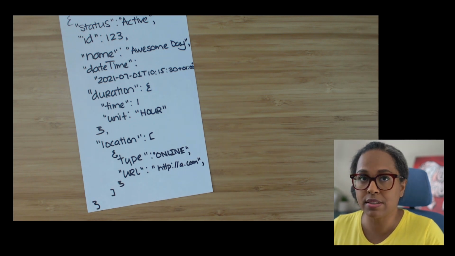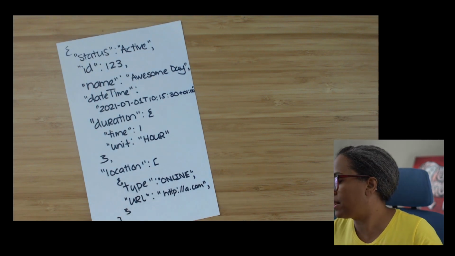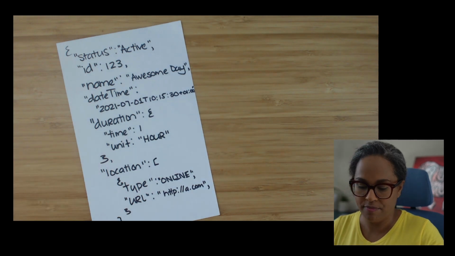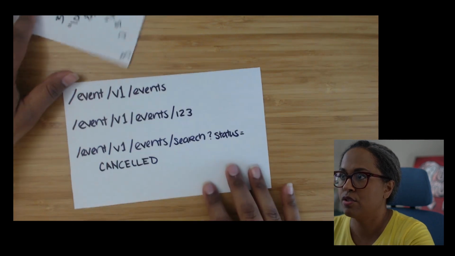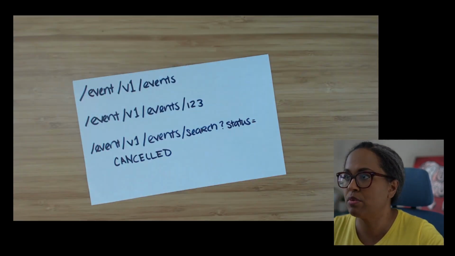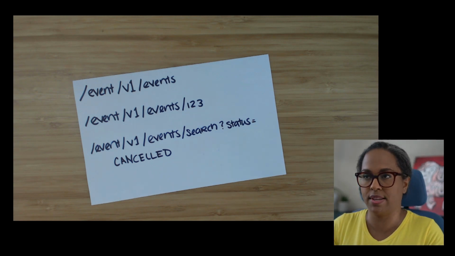So the next question I think we should ask is, how are we going to query this? So I'll bring here the APIs that we had looked at in the previous video. For example, the thought was we would call event/v1 events, and that would give us a list of all the eligible events that a user could see, right?